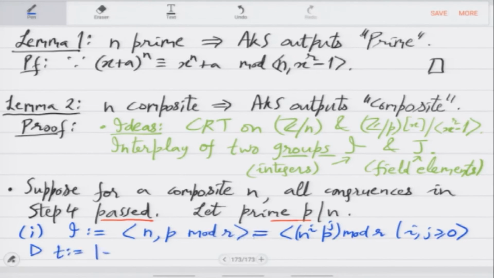So the size of this group is at least the order of n mod r, which by the algorithm is at least 4 log² n.